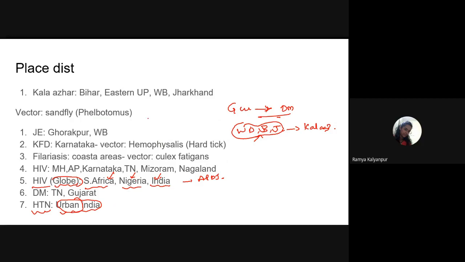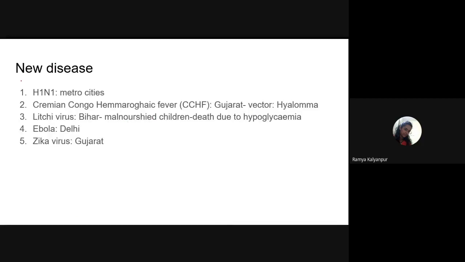That's why I have mentioned it here. Next, students, just look here at new diseases. This is what our government books, Government of India, mention. It has listed the new diseases in India, for example, H1N1. It is most commonly seen in metro cities where international traveling facilities are there, that is, where international airports are there, like New Delhi, Chennai, Bangalore, Ahmedabad.